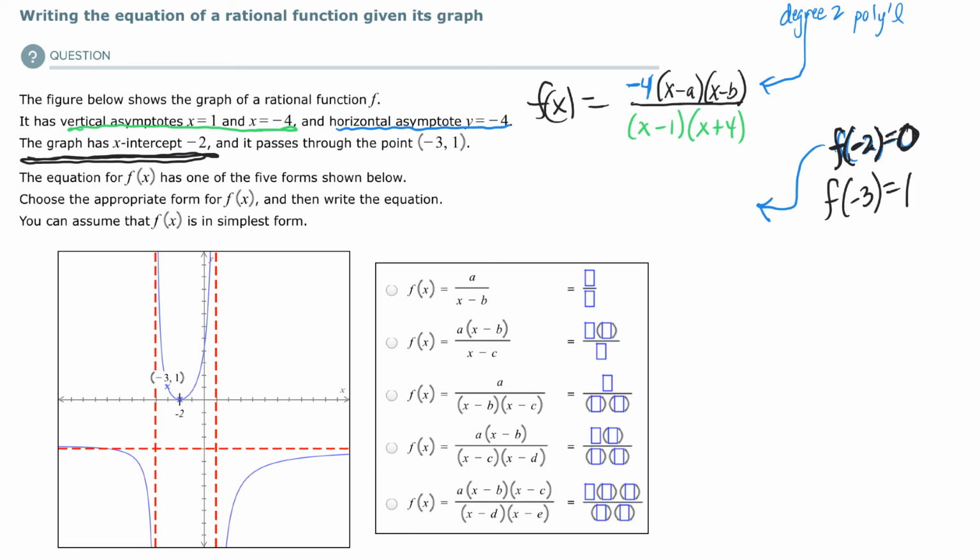So I'm going to rewrite f of x one more time. f of x is now equal to negative 4 times x plus 2, and that's going to help a lot. So I got a lot of the form now. And then what's left is just an x minus b. Doesn't matter what letter I use. Now the denominator, we're pretty clear on. It's the factor x minus 1 times the factor x plus 4.